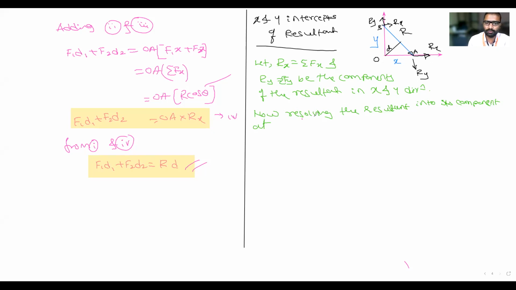So what I have written now: resolving the resultant into its components at A.